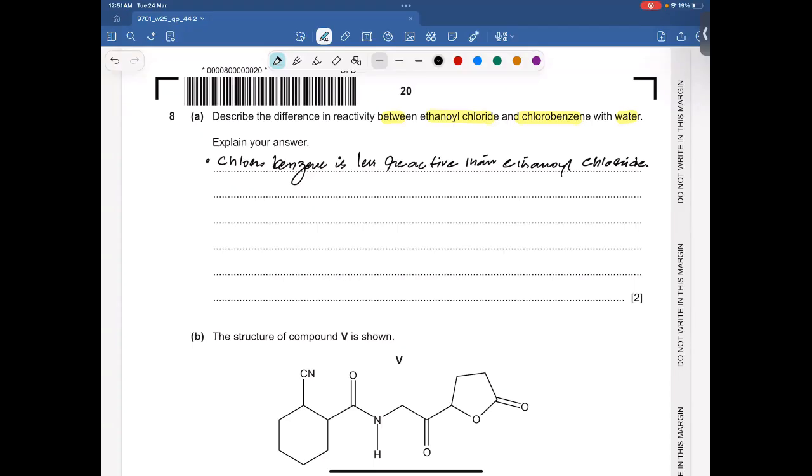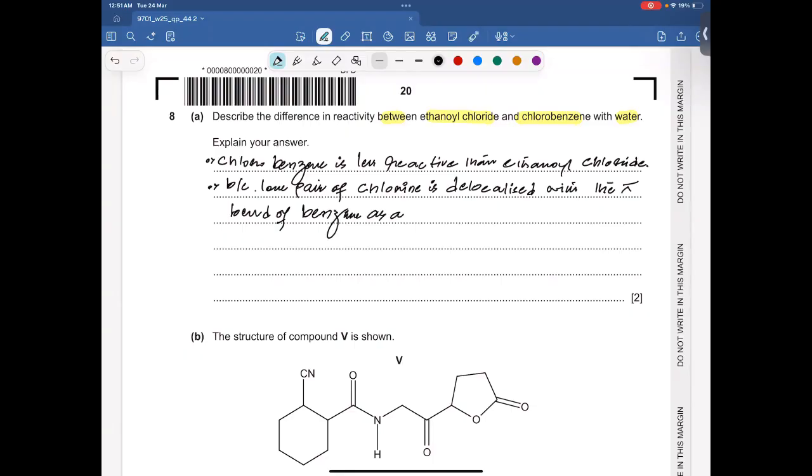Why? Because lone pair of chlorine is delocalized with the pi bond of benzene.